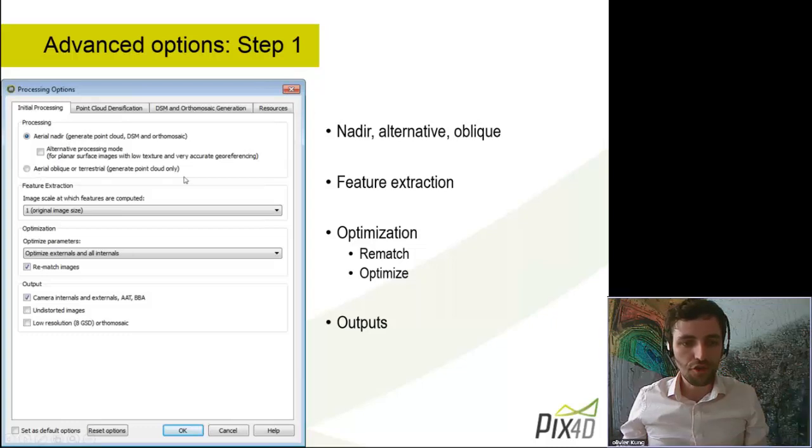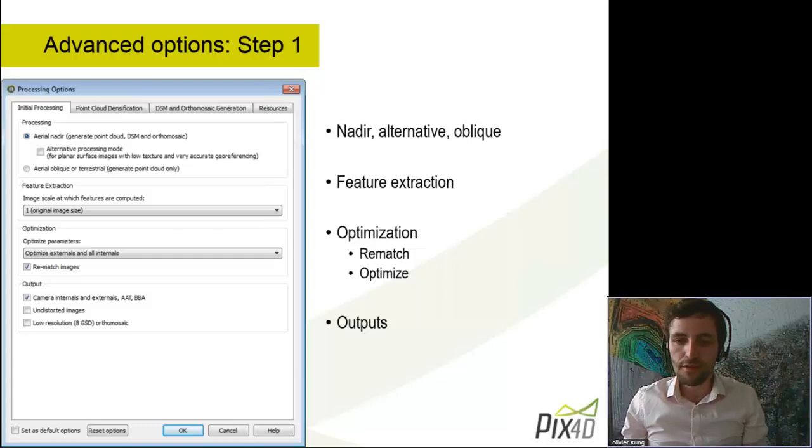So you have again the choice here to change between the different processing modes, which I already explained just before. In addition, you also have the choice of this feature extraction size. It is generally best to leave this option at 1 and never change it. When rapid processing mode is used, the feature extraction is actually done on a much smaller scale.